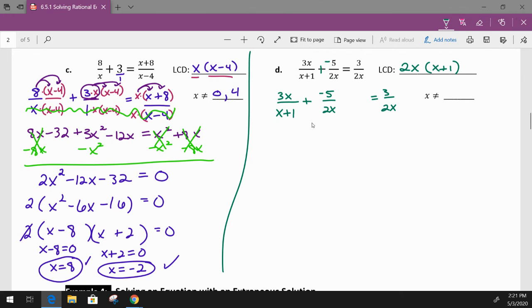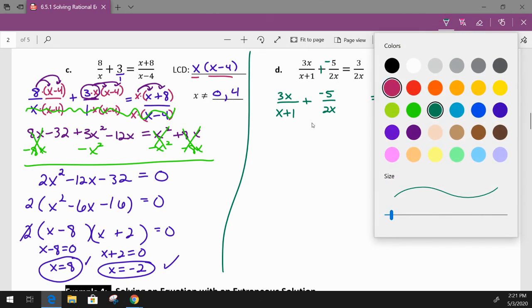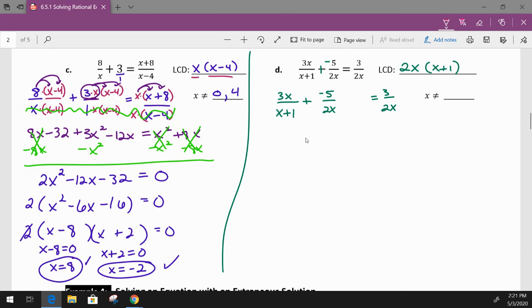All right, so now we're going to get those denominators to be the same. Since this denominator already has x plus 1, we need to multiply it by 2x in the numerator and denominator so that this is equivalent to 1.